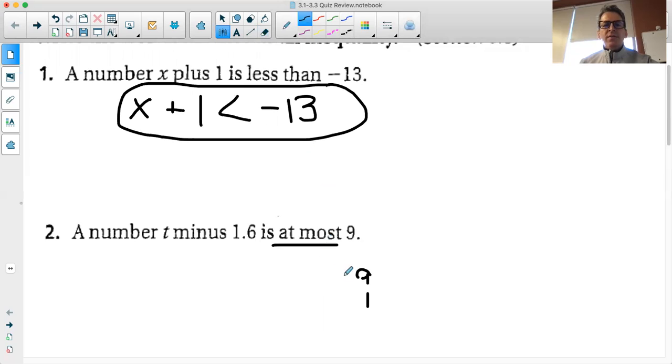So it could be less than or equal to 9. Okay, so is at most. It could be less than or equal to 9. And you want your expression here, a number t minus 1.6. So t minus 1.6 less than or equal to 9 for number 2.